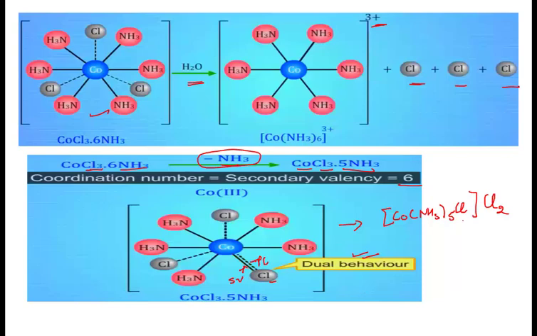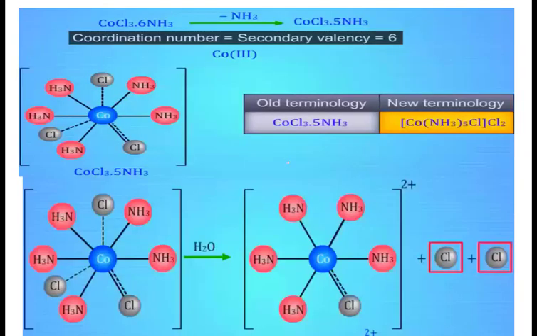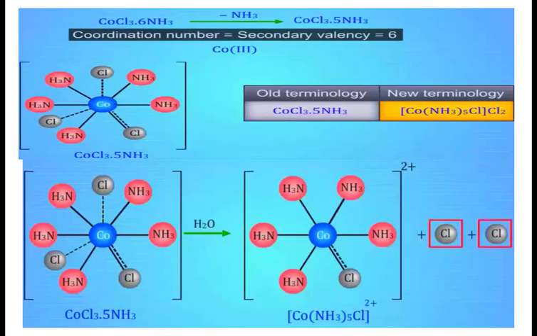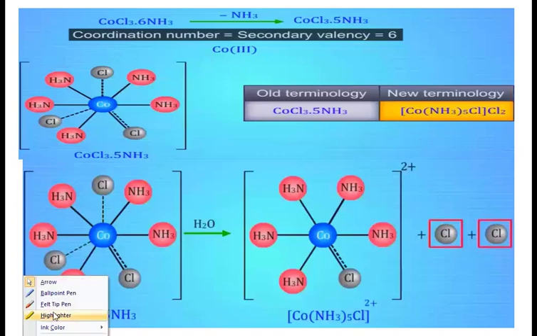And now in this case, the ionization will vary, and there will be 2 chlorides acting as primary valency. Now just see, as that removal is done, this chlorine is behaving dually, right?